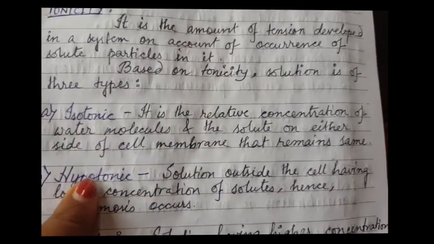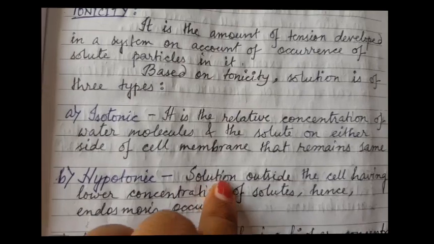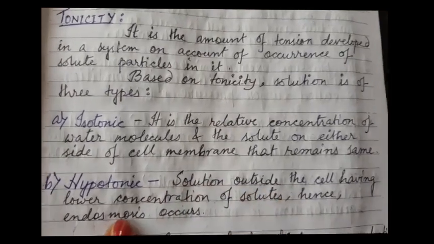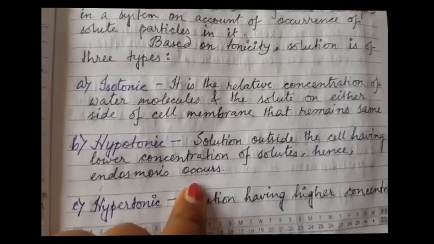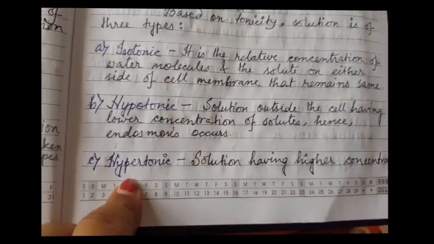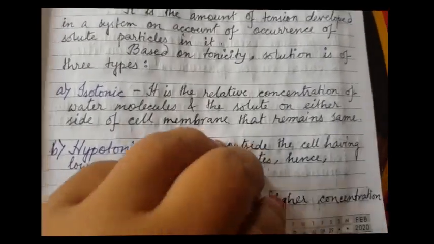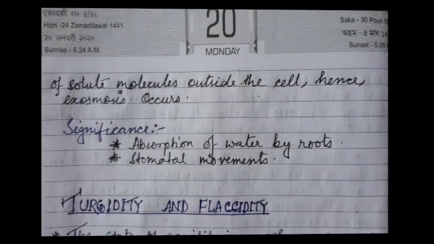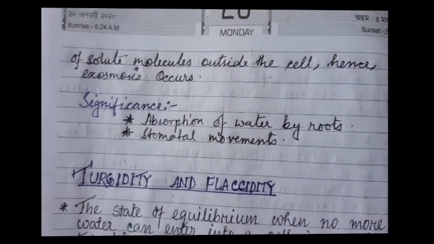Then is the hypotonic solution. Hypo means less. So the solution outside the cell has a lower concentration of solutes, hence endosmosis occurs. Whereas in case of hypertonic, hyper means more. So the solution has a higher concentration of solute molecules outside the cell, hence exosmosis occurs.